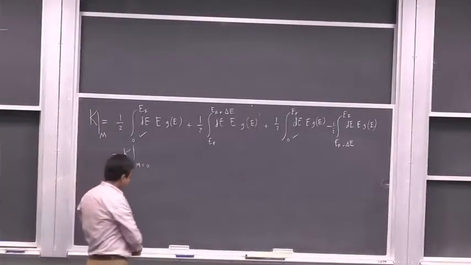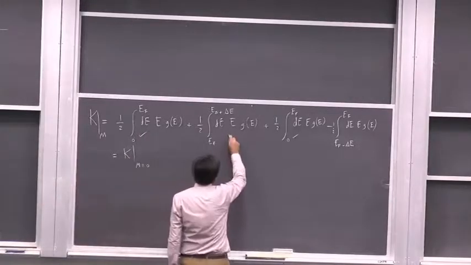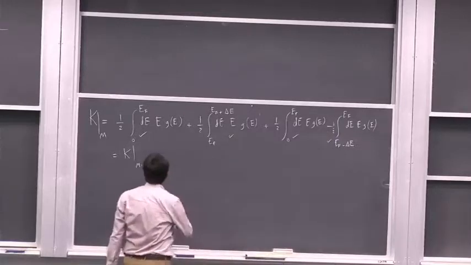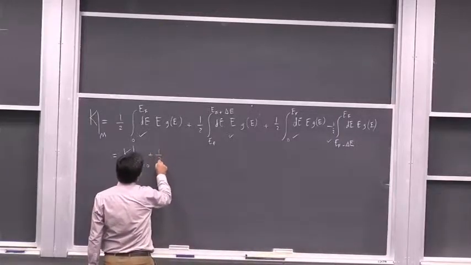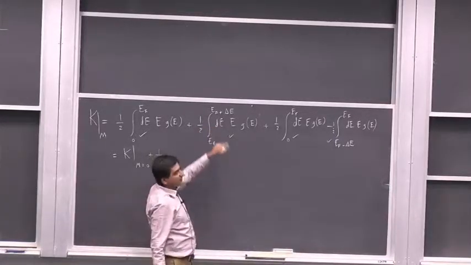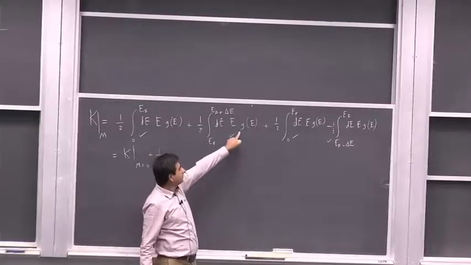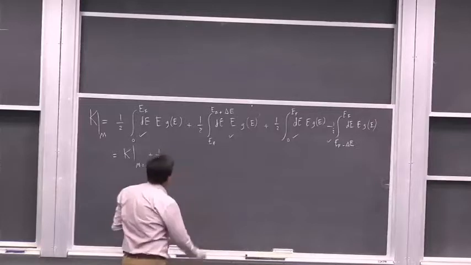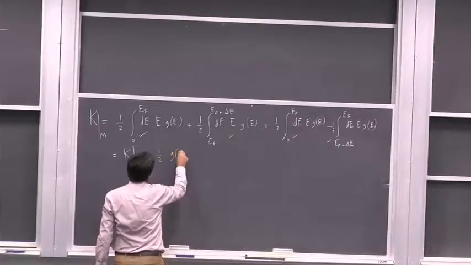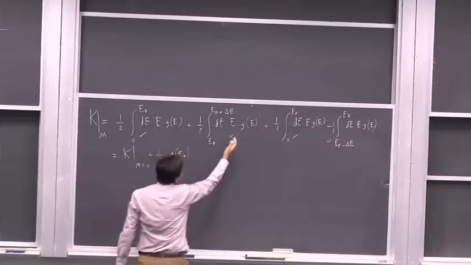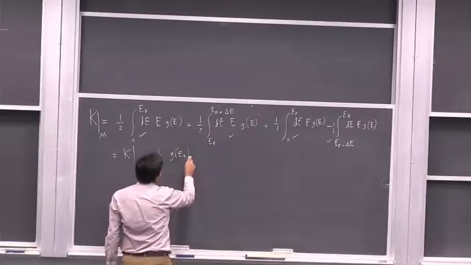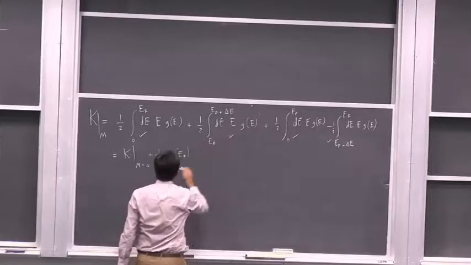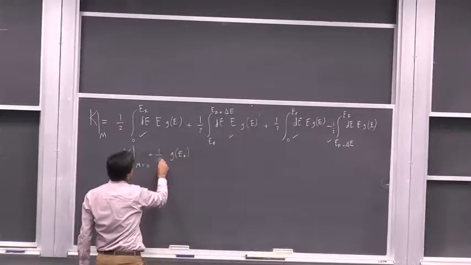So now I have to take into account this term and this term. So I get 1/2. Now this is a small interval. If delta E is really small, I can approximate G(E) by its average value, which is G(EF). So this is G(EF). Okay, I can take this out of the integral. I get, this is E squared over 2, so I put a 4 here.